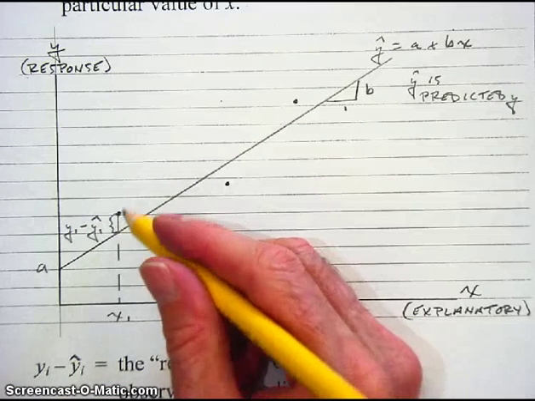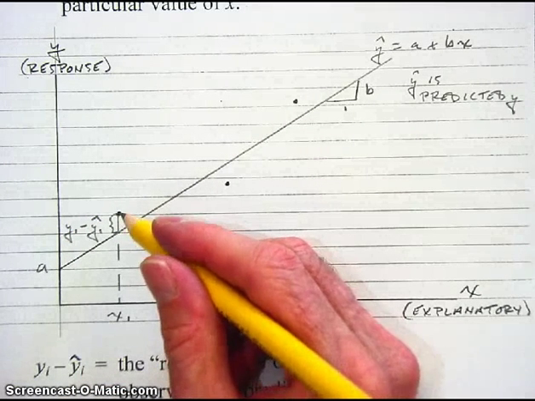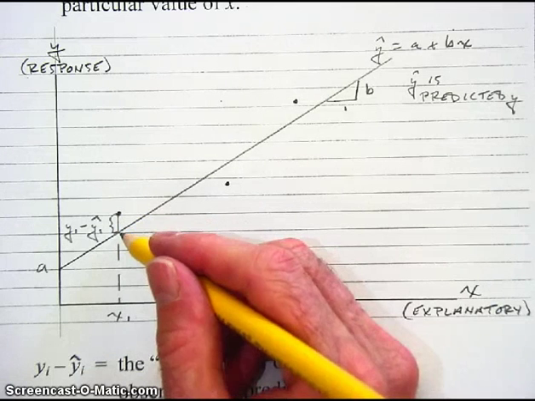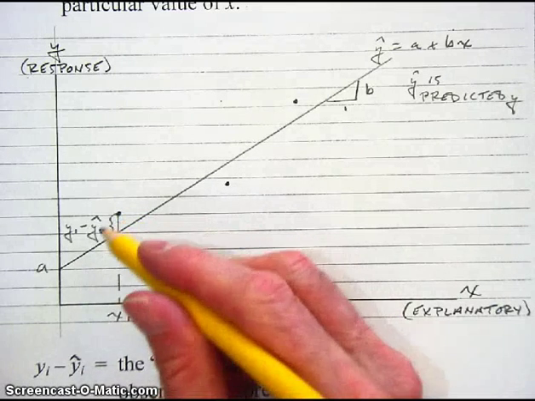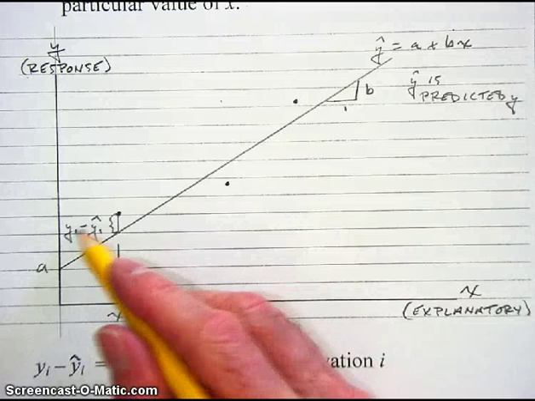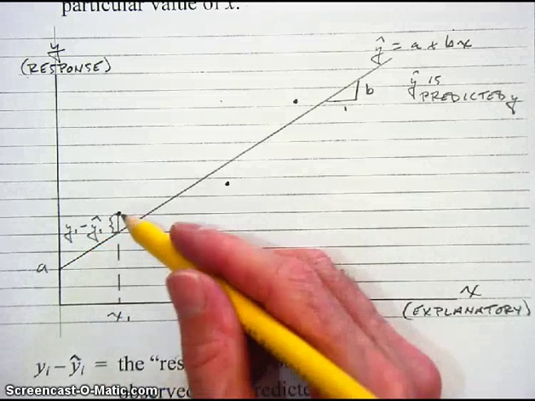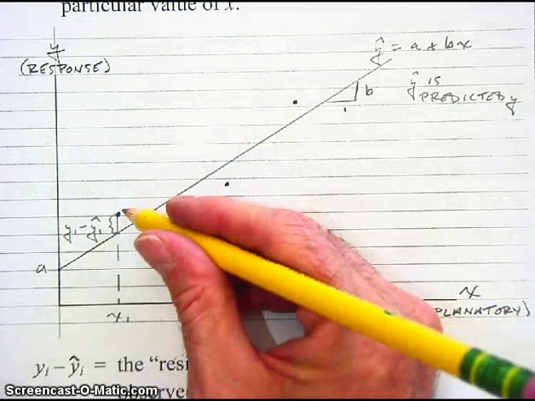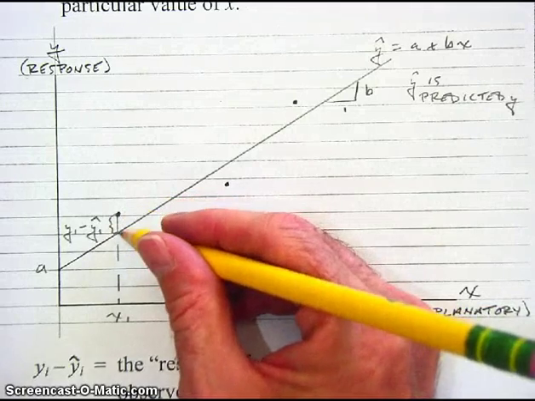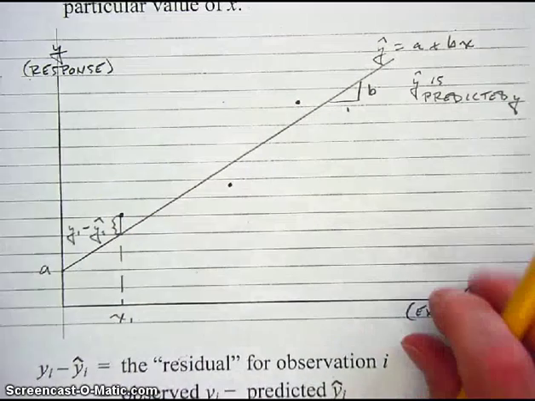It's kind of like a little error between what we observe and what the line predicts for that particular value of x. It's the difference between the observed and the predicted values of y for that value of x. In this case, that residual is positive because the observed value is above the line.